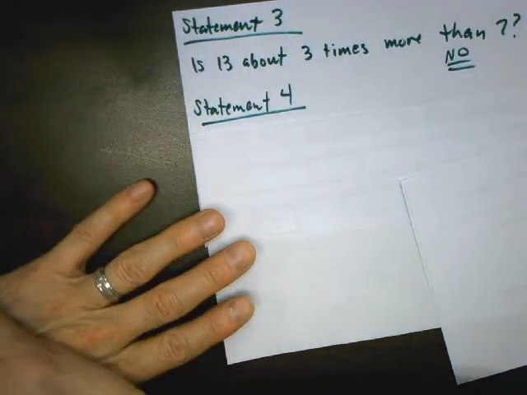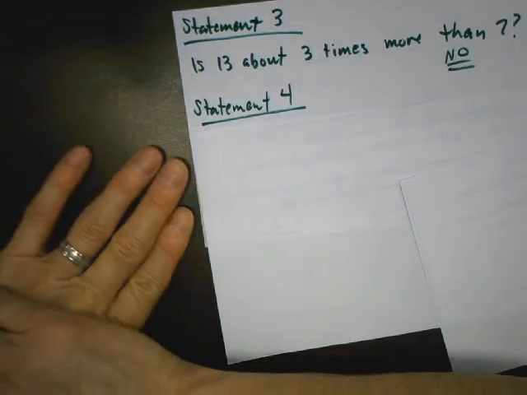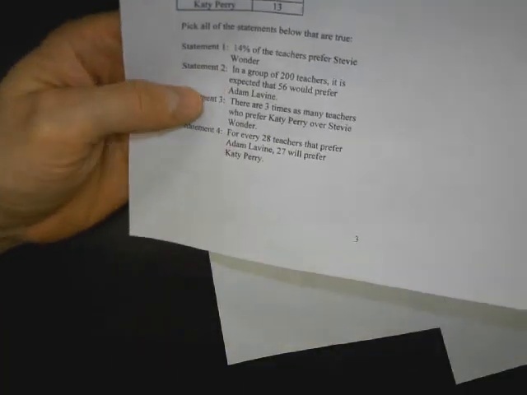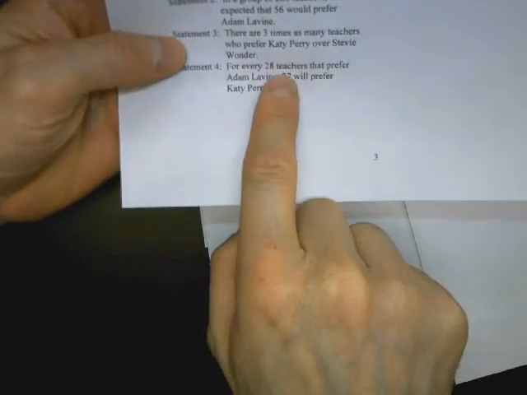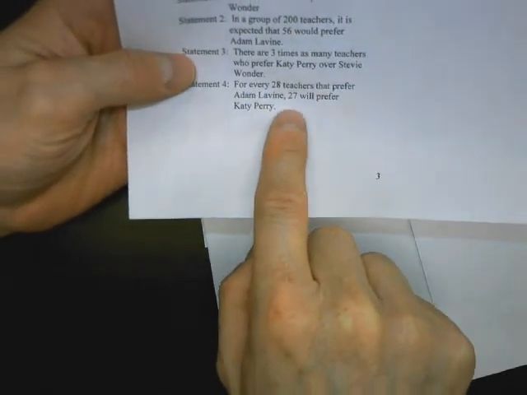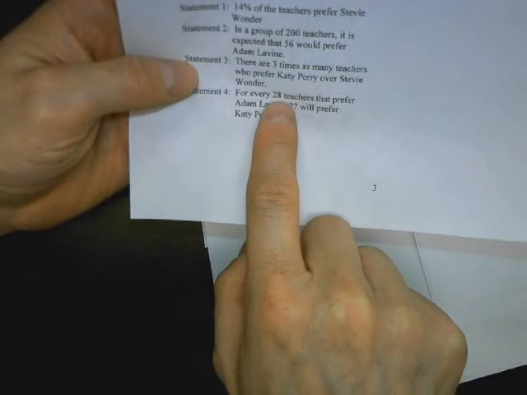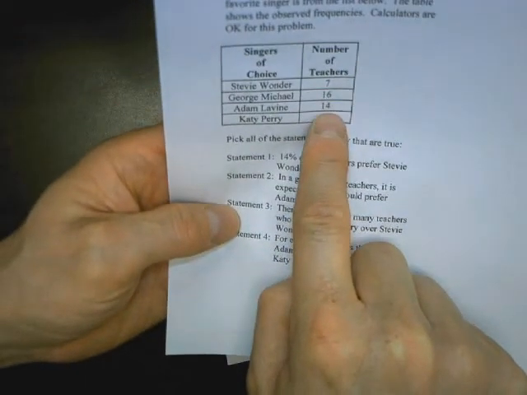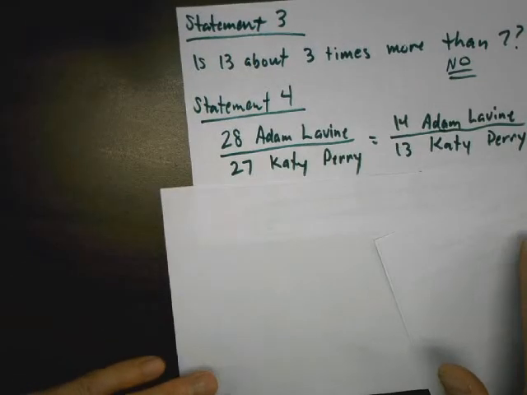Statement 4 says, for every 28 teachers that prefer Adam Levine, 27 prefer Katy Perry. So in the statement, 28 is Adam Levine, 27 is Katy Perry. Now I look at the table: 14 Adam Levine, 13 Katy Perry. Again, I'm just using a proportion to see if these are equivalent.